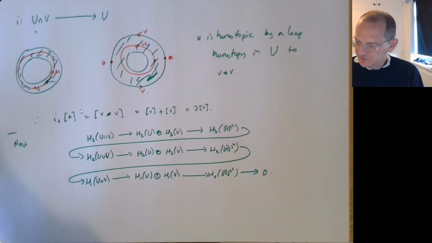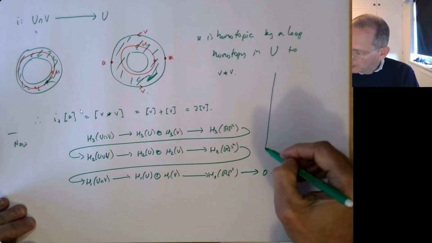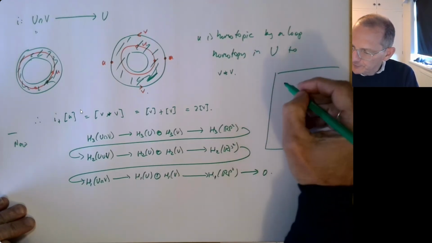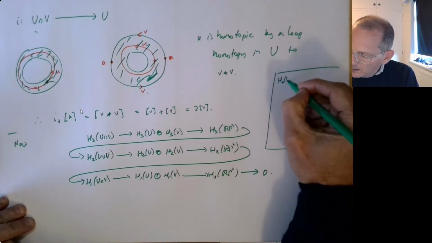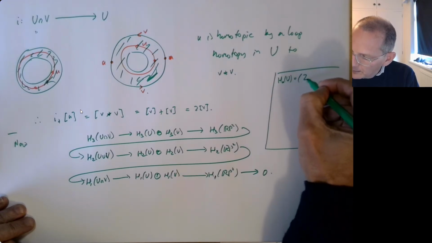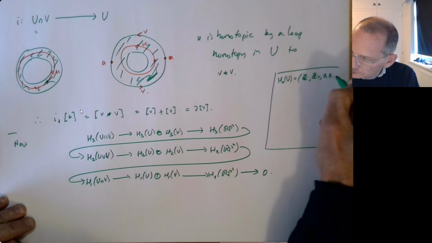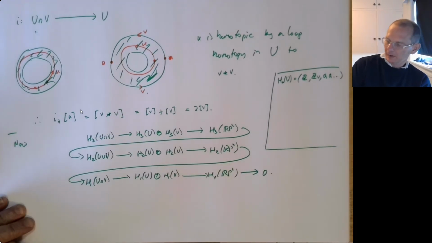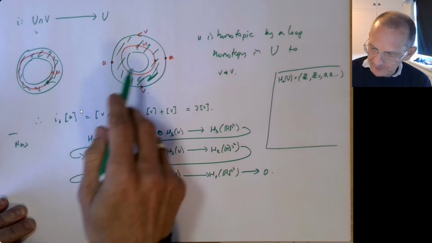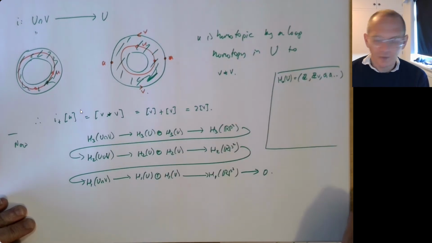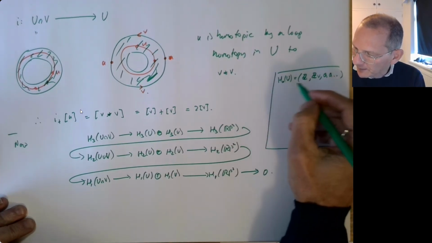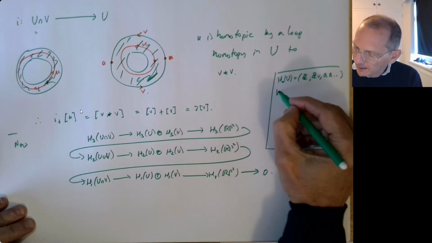And let's just record over here what we know about the homology groups. Homology of U: we said that's homotopy equivalent to a circle, and we just get Z and ZV.